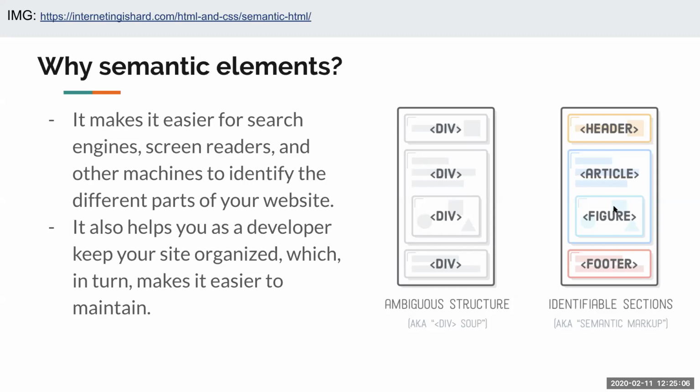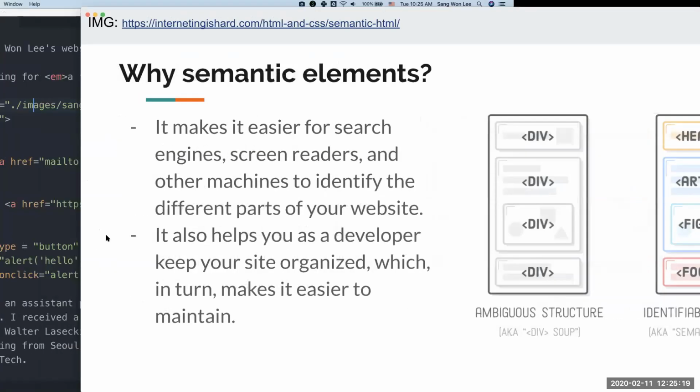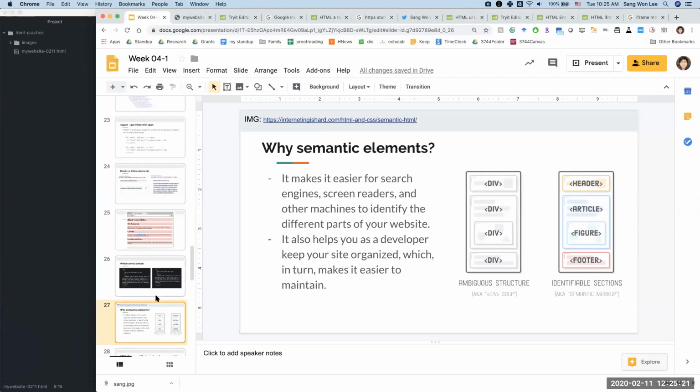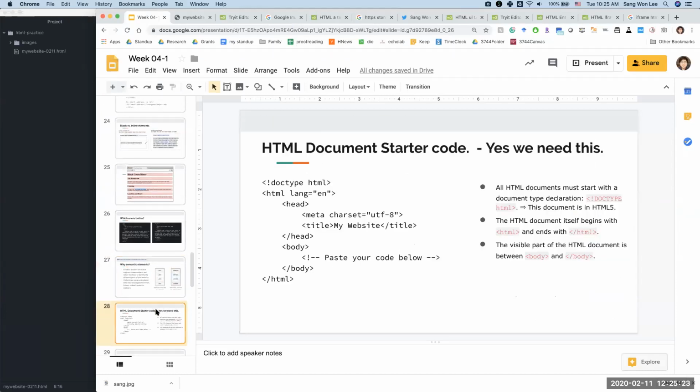Oh, this is article, this is figure, and this is footer, and so forth. It also helps you as a developer to keep your site organized, which in turn makes it easier to maintain. So we're going to use these semantically meaningful HTML tags later in our assignment.